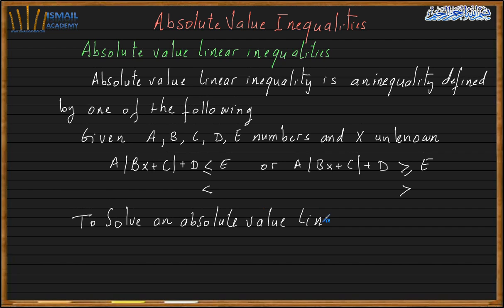First thing, we need to move all the numbers around the absolute value to the other side of the inequality.